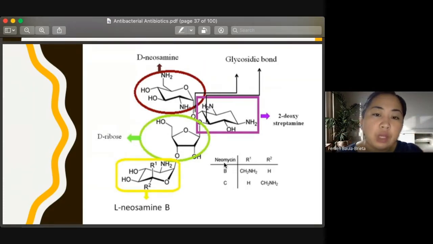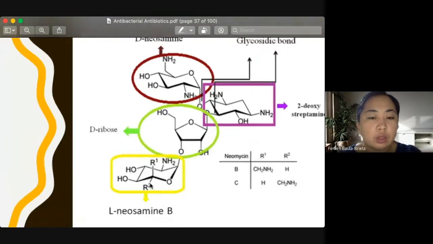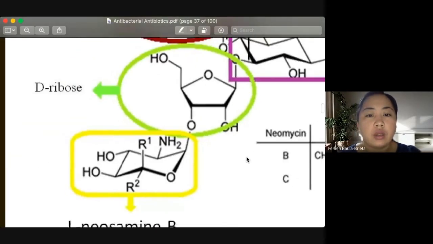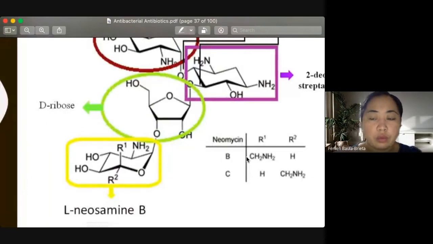Now we have neomycin B and neomycin C. And then we have different places for substitution that we call R1 and R2. Can you see it? Here, R1 and R2. That is the place for substitution, for enhancing the spectrum of activity, for enhancing the absorption of our drug, and for the development of a good drug.